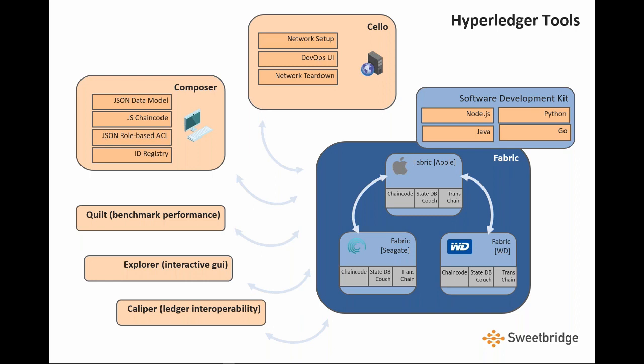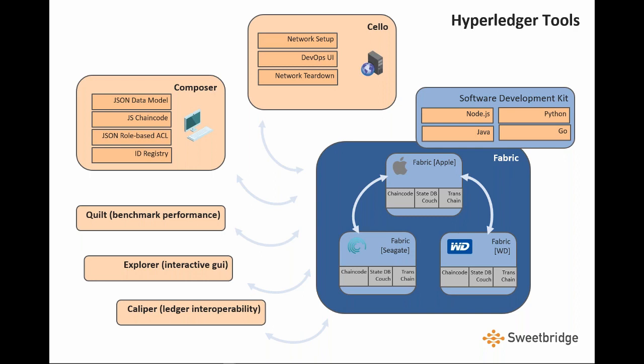There is also effort now to create a Python SDK and a Go SDK, although those are not quite as mature and not quite as rich in functionality. But those allow you code level interaction with the blockchain to be able to set up components of the network, as well as to be able to invoke the chain code.